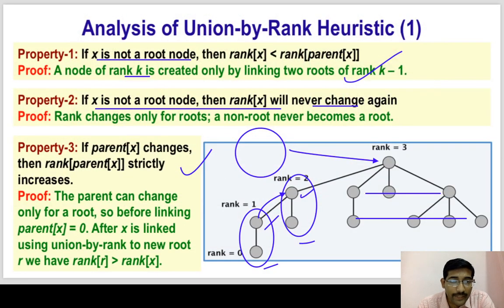So therefore the parent can change only for a root, because we are only linking roots to make union of disjoint sets. So before linking, parent x is equal to 0, and after x is linked by union by rank, the new root R obviously has more rank than the rank of x.